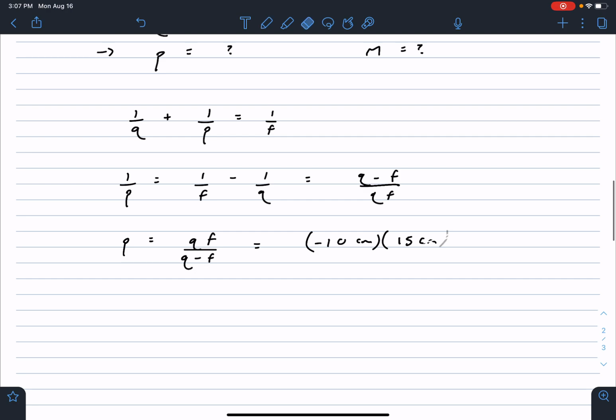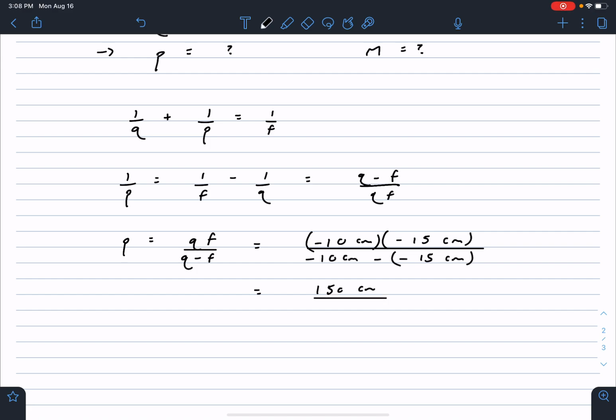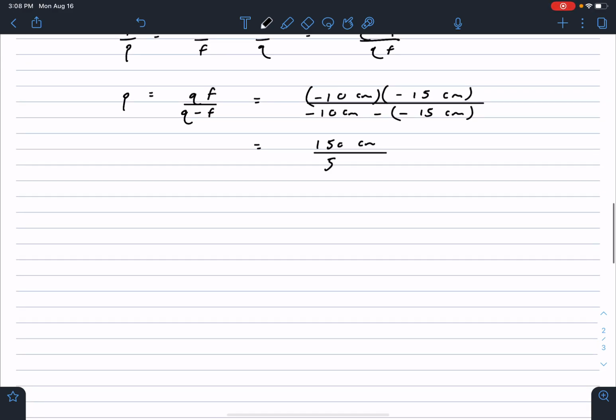So that means, being a little more careful here, we have negative 10 centimeters minus negative 15 centimeters. Right, so 150 centimeters squared over 5 centimeters, and that's going to equal 30 centimeters.